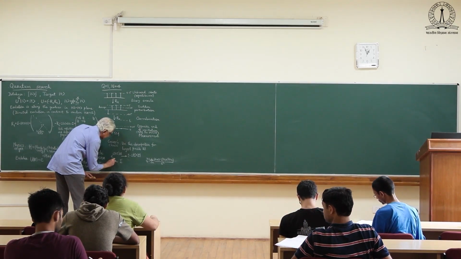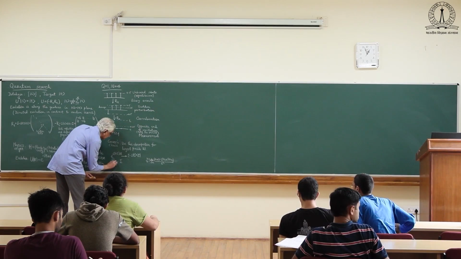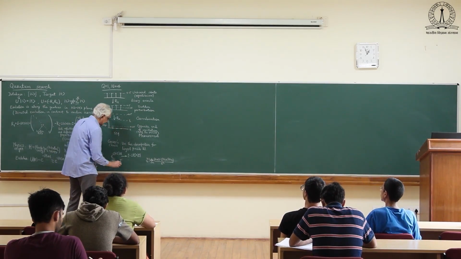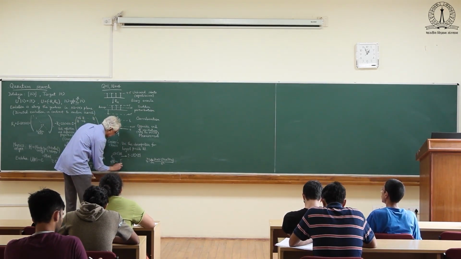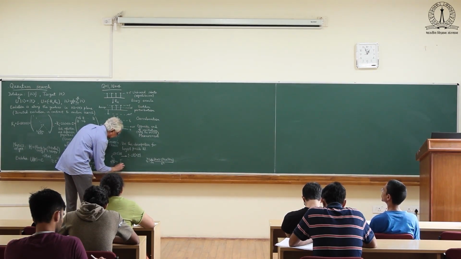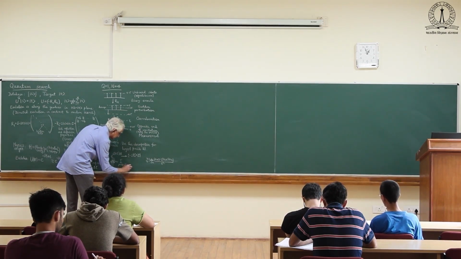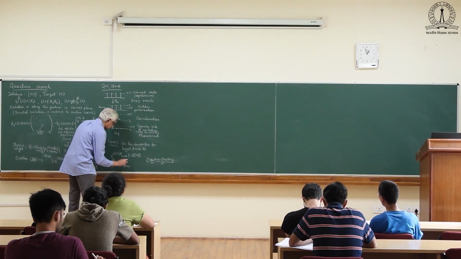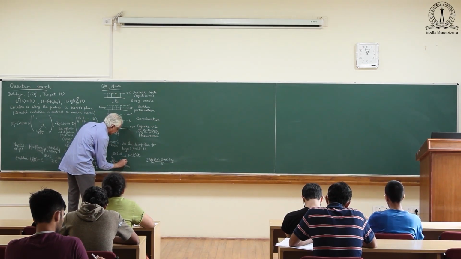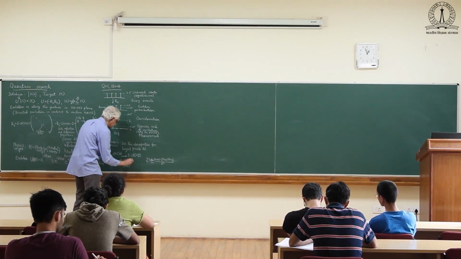So this is del square of I, a summation over mu, which are the neighbors of I plus mu.